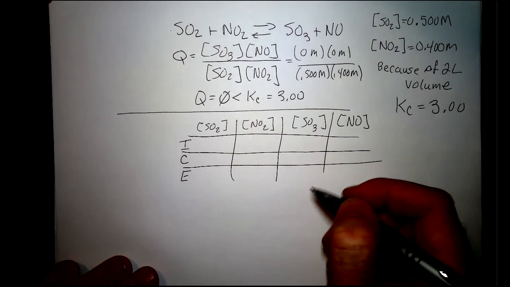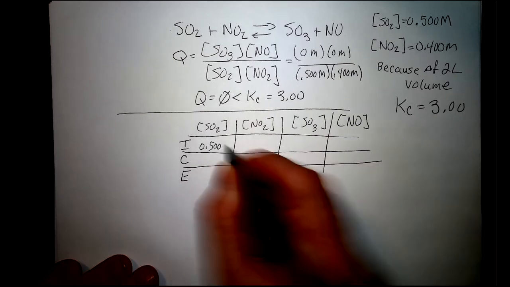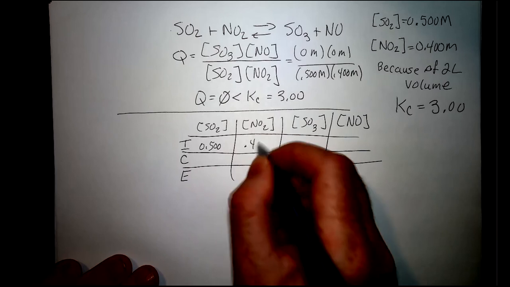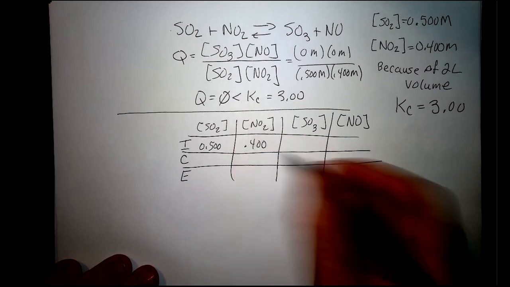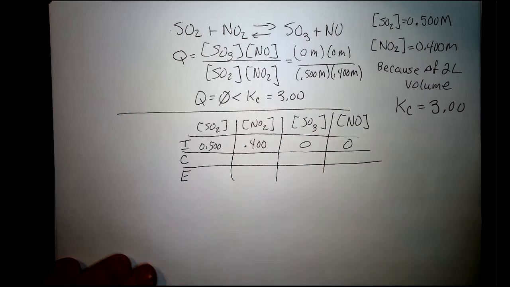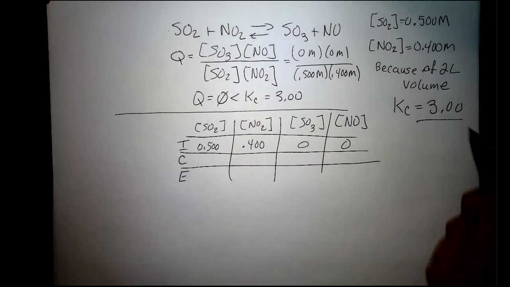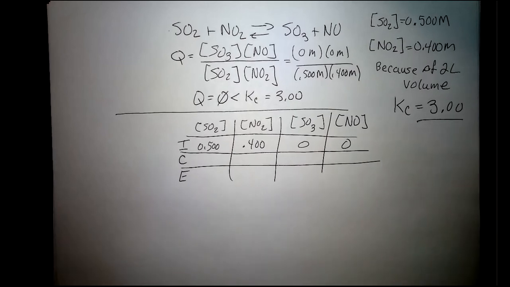So plug in what we do know, 0.500, 0.400. Bracket notation, so I don't need to write the M's for molar. And I started with none of the products. I've got the equilibrium constant, but I don't know how much it changes. One way to get around that is to use a variable.